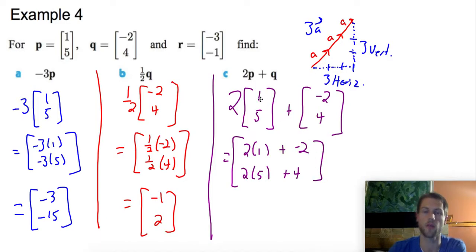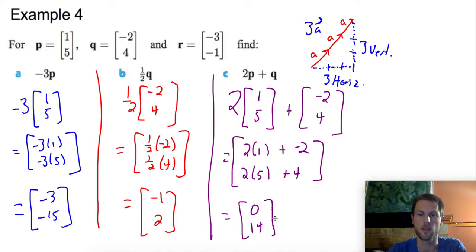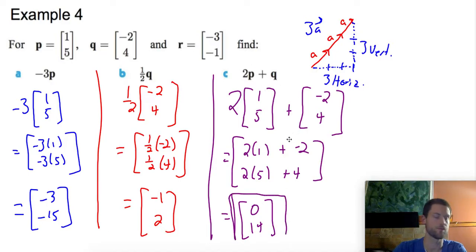So I basically combine multiplying the scalar to both of these components and then adding these components together, all at once. Hopefully that makes some sense. So in total, this is going to be 2 plus negative 2, so that's 0, and 10 plus 4, that's 14. This is my resultant vector from 2p plus q.